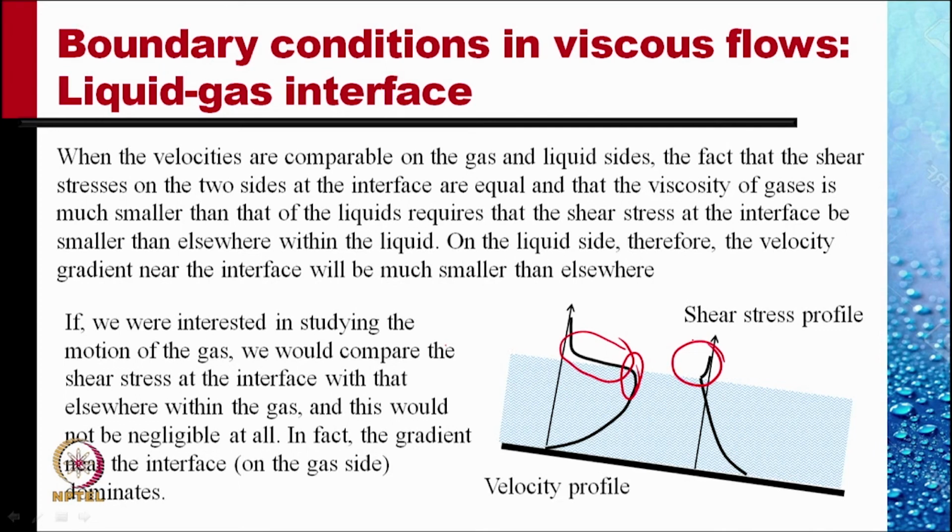But if we were interested in studying the motion of the gas near the interface, the shear stresses at the interface within the gas cannot be neglected. In fact, they would be the highest, and the velocity gradient would be maximum there.